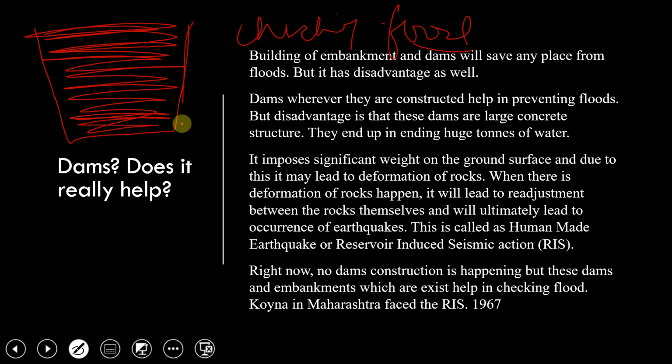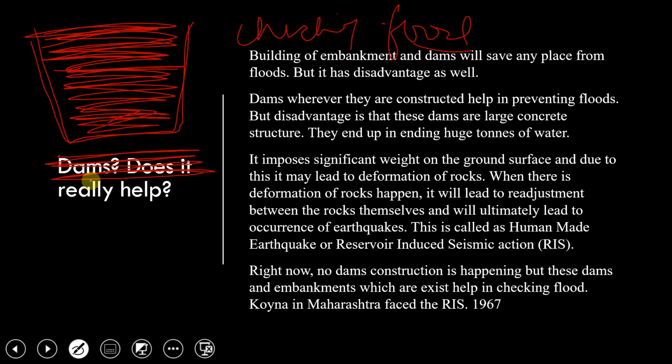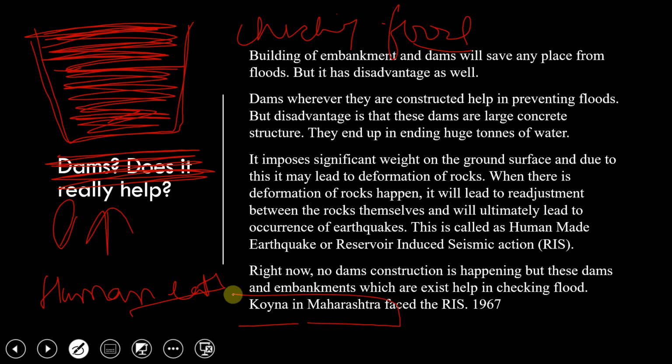See, this dam holds huge water, and ultimately the weight beneath the dam, beneath the land of the dam, is very high, and this kind of situation may create a human-made earthquake that was seen in 1967 in Koyna, Maharashtra.